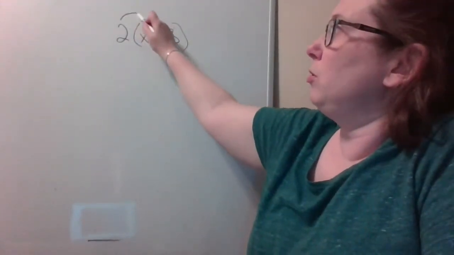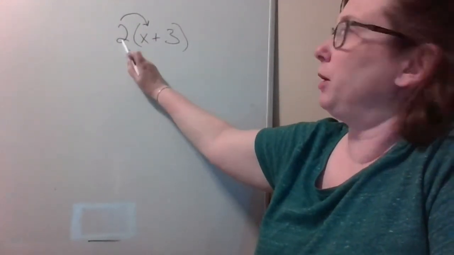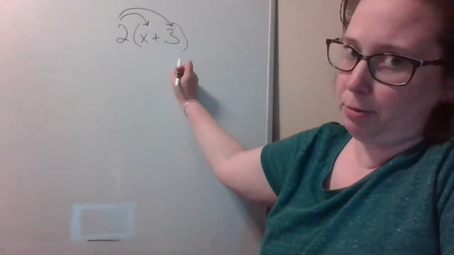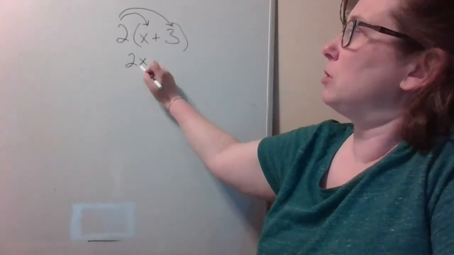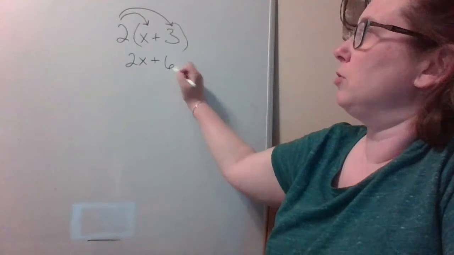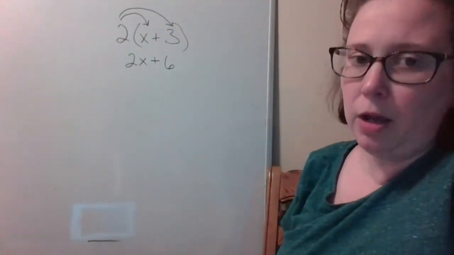When we distribute, we have to take our coefficient, the number outside of our parentheses, times each of the terms inside the parentheses. So we would do 2 times x, which is 2x, plus 2 times 3, which would be 6. So this is the distributive property.